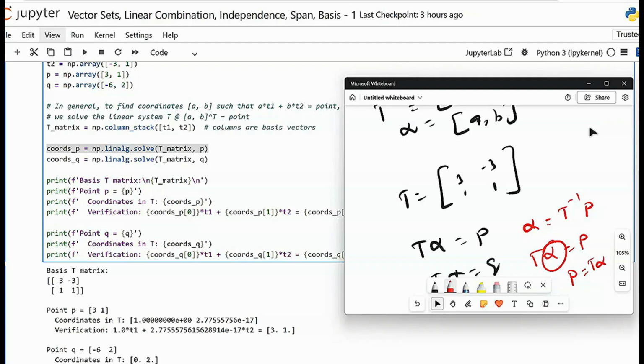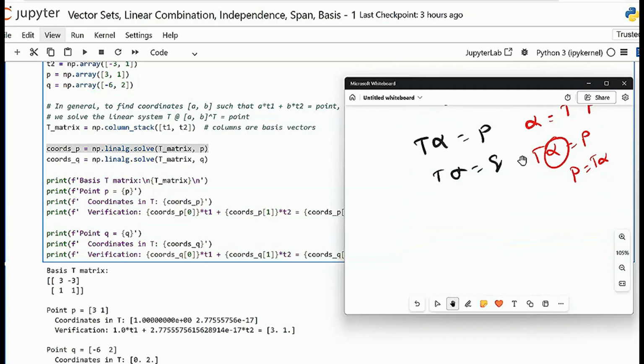If the vectors were dependent, T would be singular, and solving this system with NumPy linear algebra would fail, and no unique coordinates would exist.